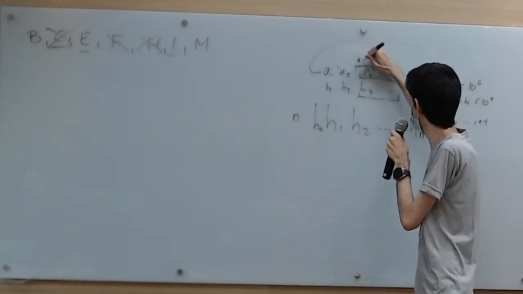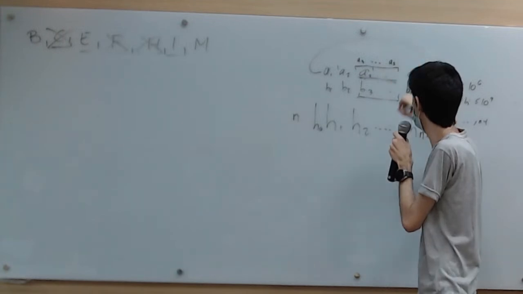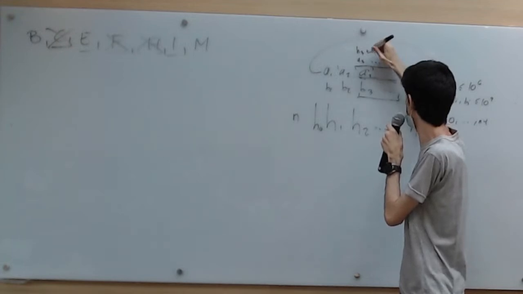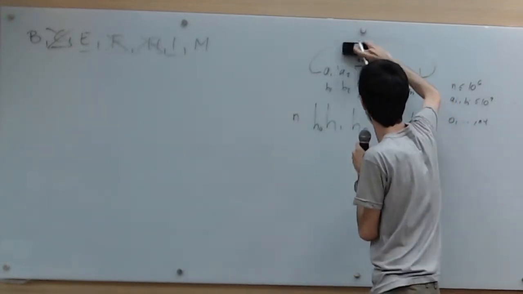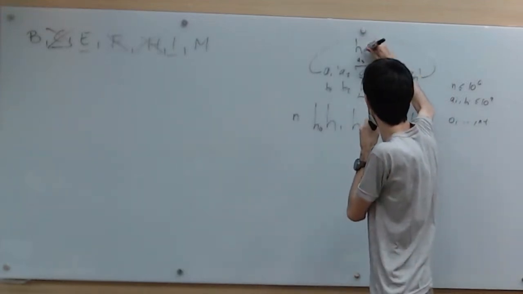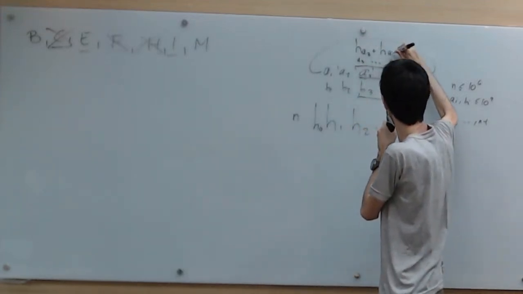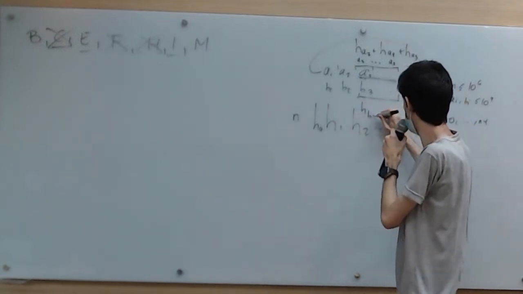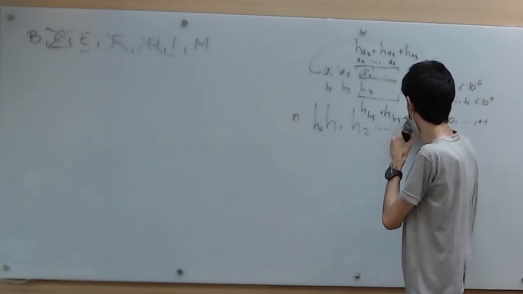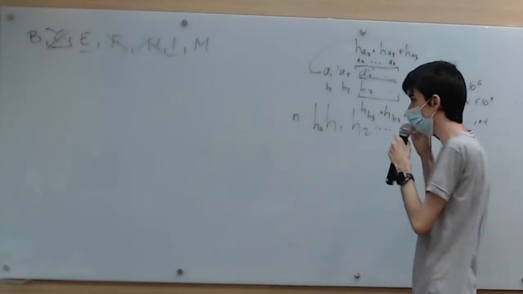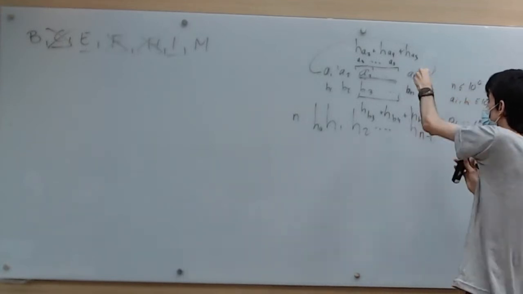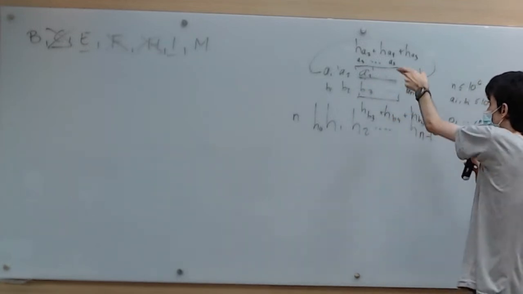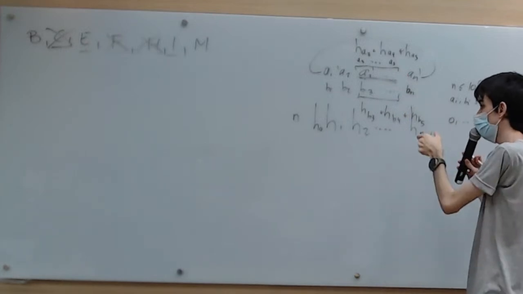Like if we have here from A3 to A5, for example, we are going to check that H A3 plus H A4 plus H A5 equals H B3 plus H B4 plus H B5. Like we're doing a sort of hashing. We hash each element of the array to a random number, and we assume that the probability of the sum being the same and the sets being different is very low.